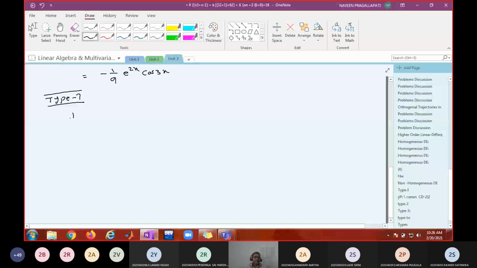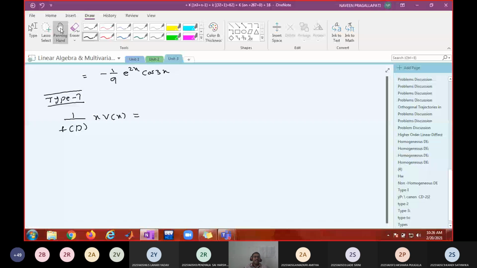Type 7: 1 by f of d operated on x into v of x.